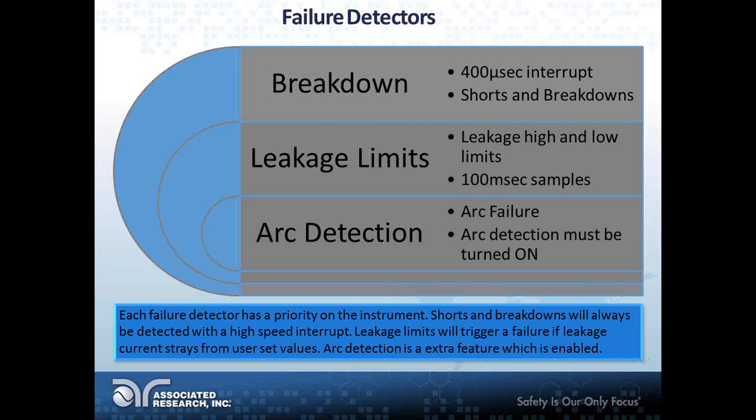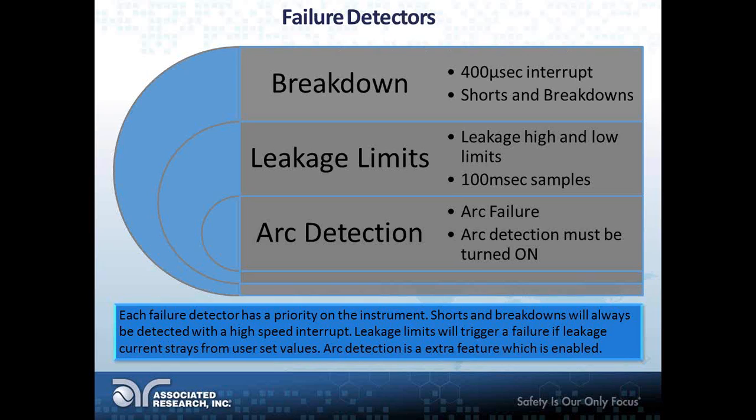Very high amounts of leakage current will flow, and the insulation was not able to withstand the high voltage application. So that's the breakdown condition. This is a very fast detecting circuit that detects the breakdown condition, with almost 400 microseconds interrupt.